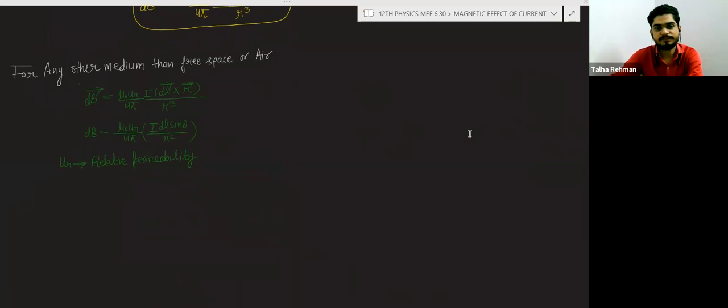Now finish this. Actually, the right hand thumb rule is derived from the cross product.